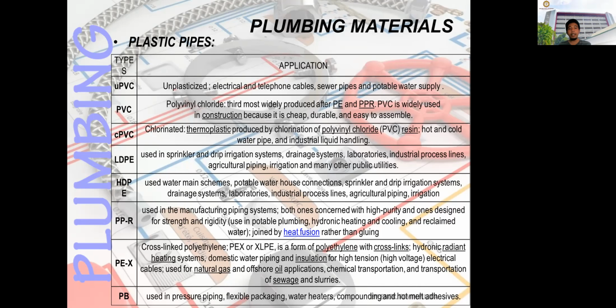And then you have the PPR, that is now the commonly used water plastic pipes, water distribution pipes in most buildings. The color of that is white and sometimes that is green. And then you have also PEX and lastly you have PB.